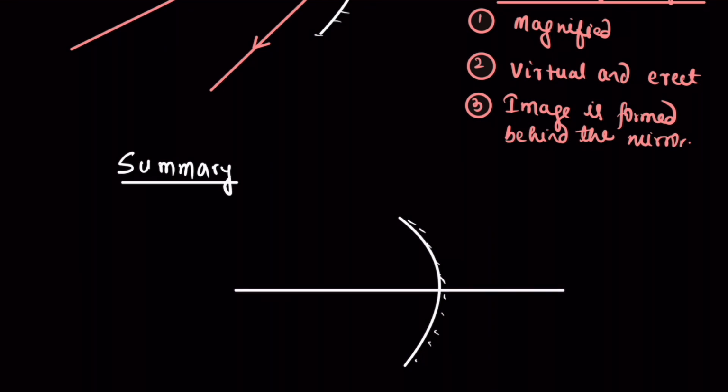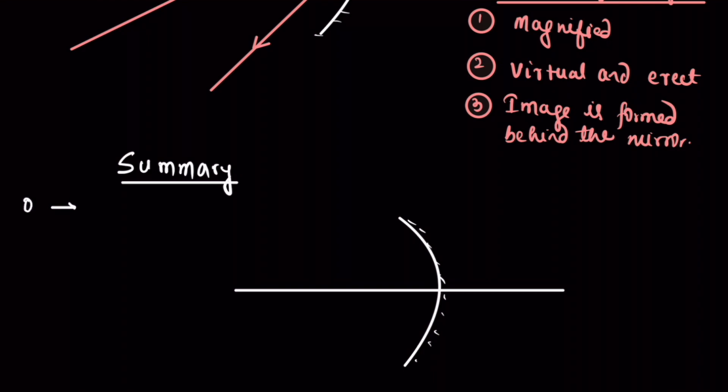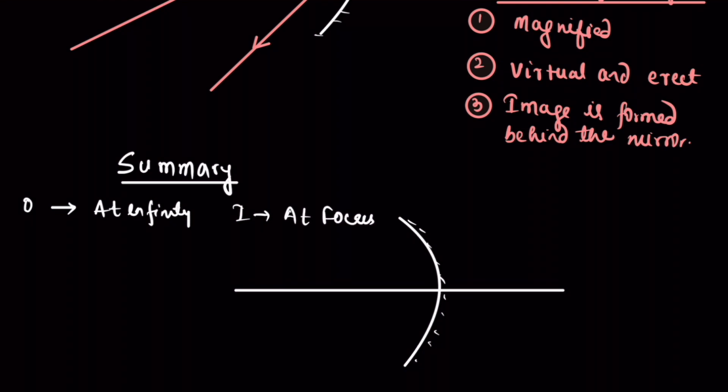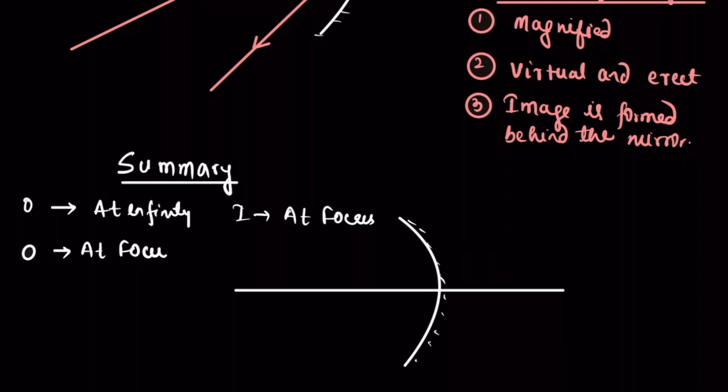When the object was at infinity, the image was at focus. If you reverse it, when the object is at focus, the image is at infinity.